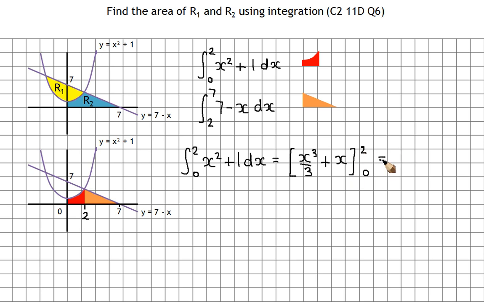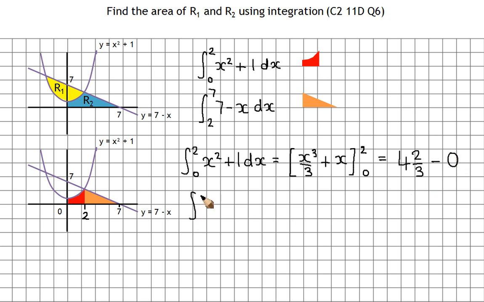And when we evaluate that, we get 4 2/3 minus 0. So that's just 4 2/3.